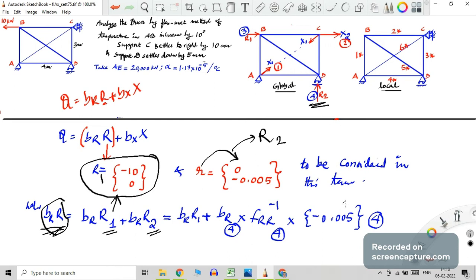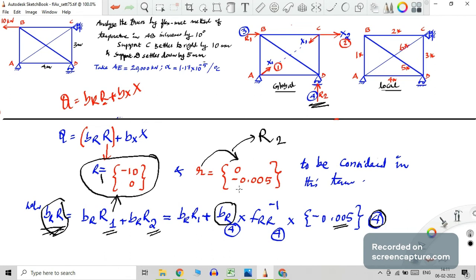Here we have small r2. So small r2 is in coordinate 4. Okay, that matrix multiplication has to be, see, you have a BR here. What is BR? BR is the converter or transformer, isn't it? BR is transforming, the original work of BR is transforming global to local.